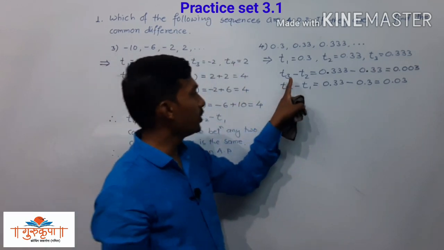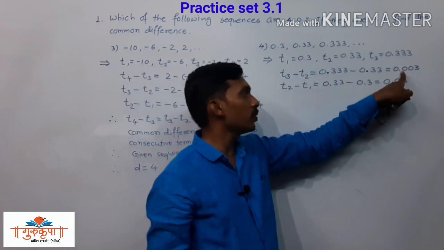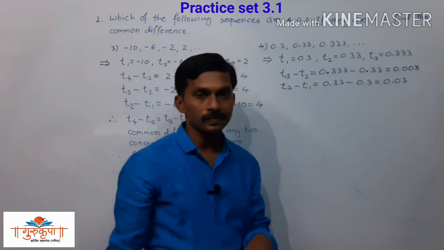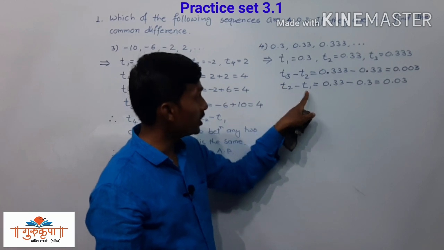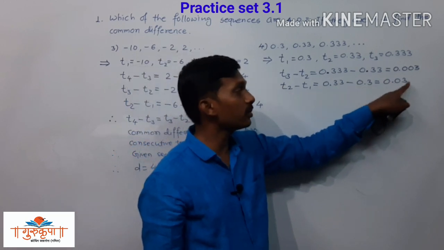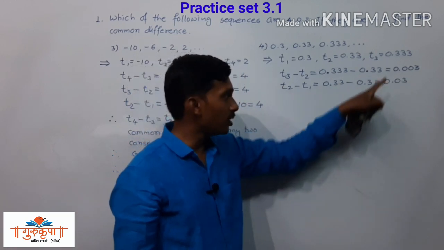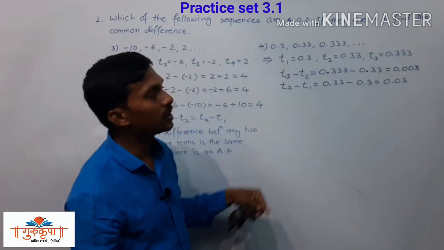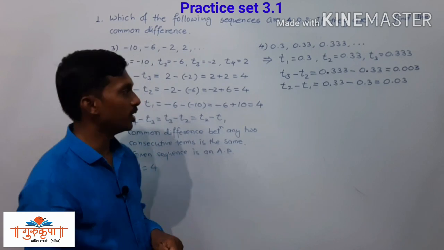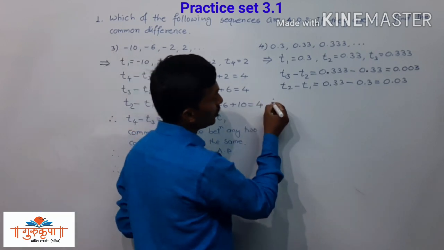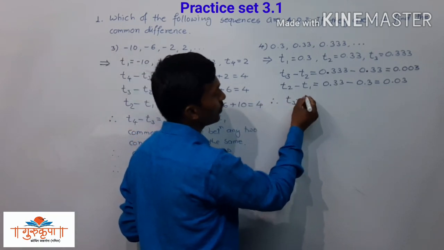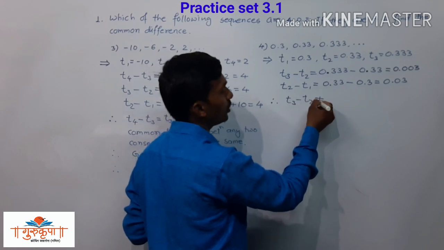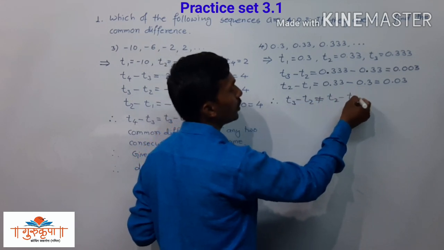And now the common difference is not the same. See, the difference between the third and second term is 0.003, and the difference between the second and first term is 0.03. Since the common difference is not the same, the given sequence is not an AP. So here we can write T3 minus T2 is not equal to T2 minus T1.